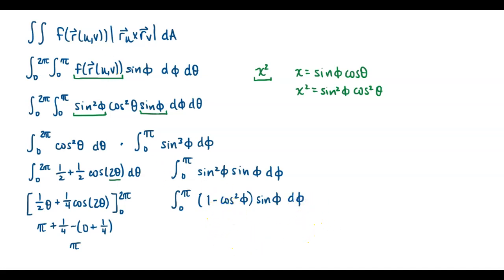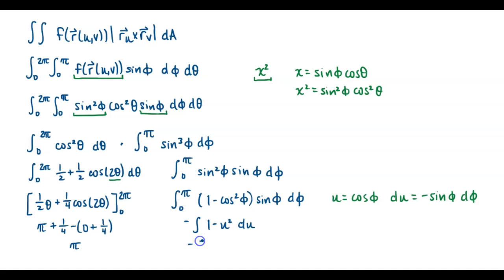Because now if I allow u to be equal to the cosine of phi, then my du, derivative of cosine, is negative sine of phi d phi. And I can rewrite this as the integral. If I pull out a negative, this becomes the integral of 1 minus u squared du. Everything's in terms of u, not too difficult to evaluate.